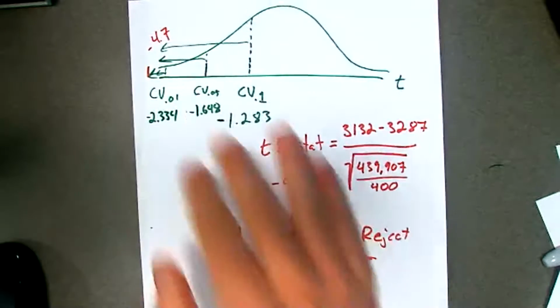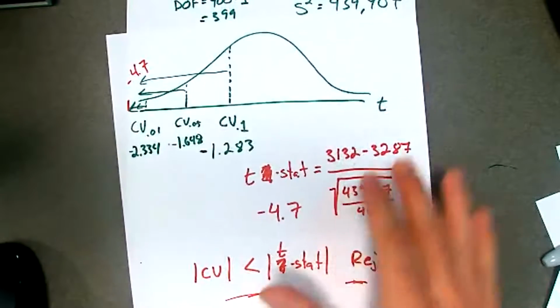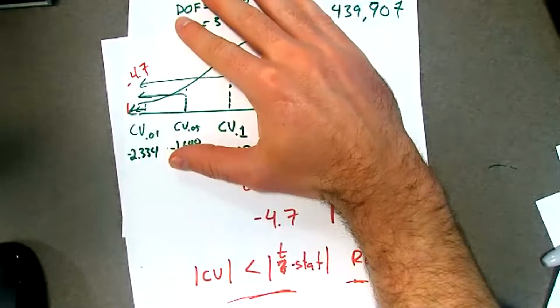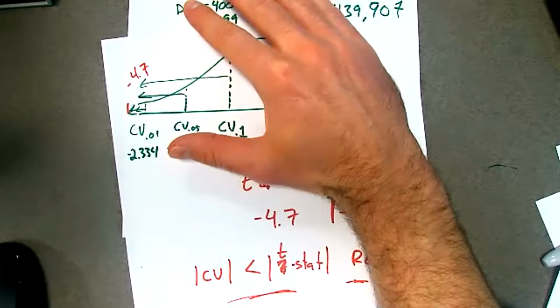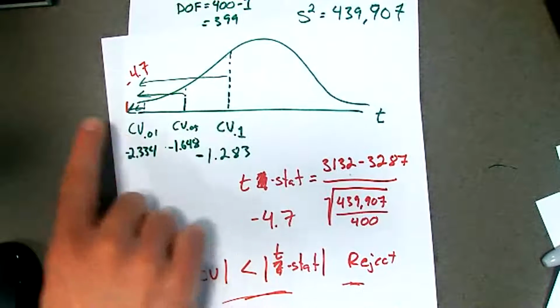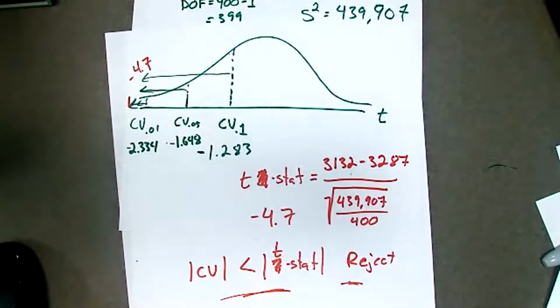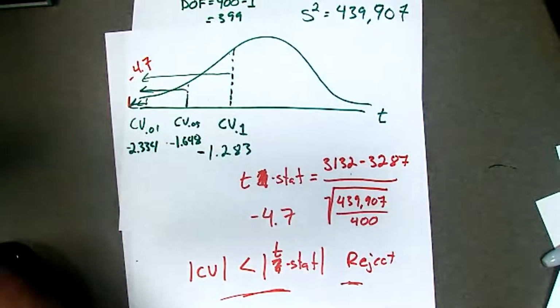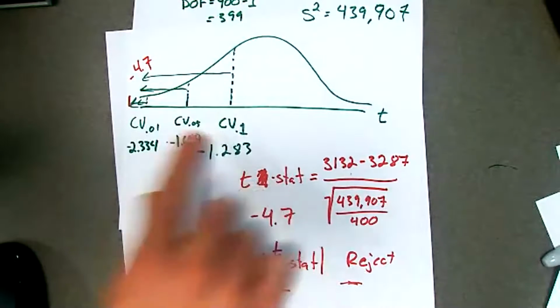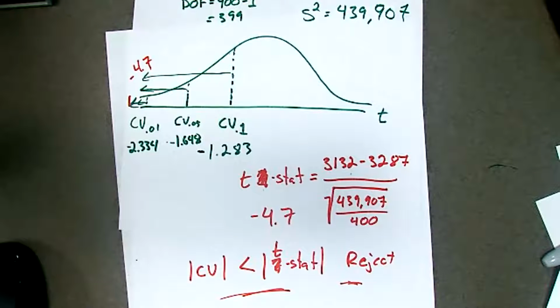If I never drew these out for you, which I don't really have to do, and just told you to remember this, to me, it just makes it a little bit harder. Now I've got one more formula I have to remember, it's checking, and if I just draw it out, it's pretty easy to see that it's larger in absolute value, more to the left here, or more to the right for a right-tailed test. So it's just a tool for thinking about these better and making sure you're getting to the right answer.